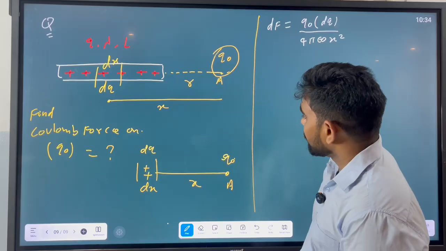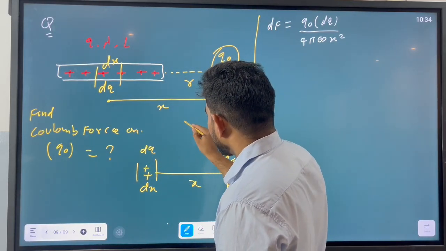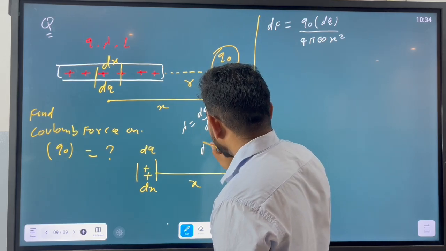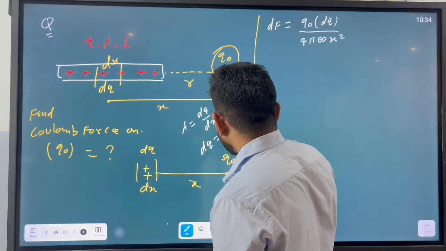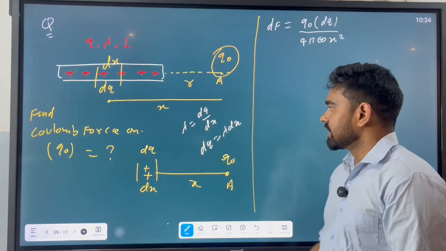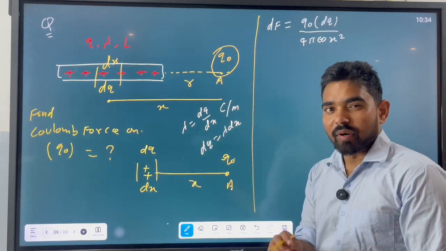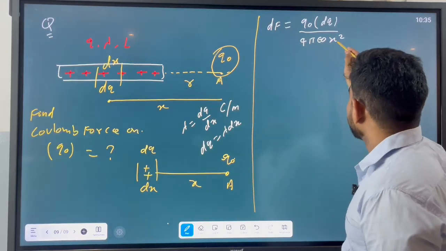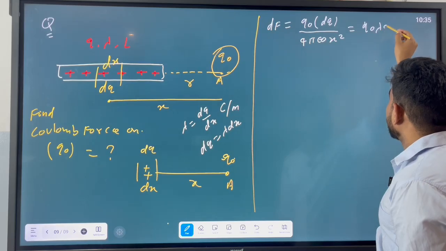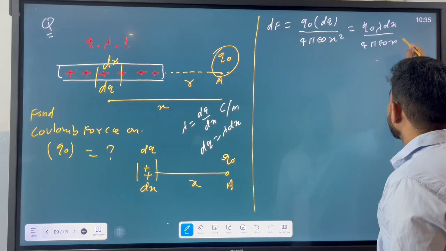Now for the value of dq: lambda equal to dq divided by dx, so dq equal to lambda times dx. This is the linear charge density lambda, in Coulomb per meter. So dF equal to q naught lambda dx divided by 4 pi epsilon naught x square.